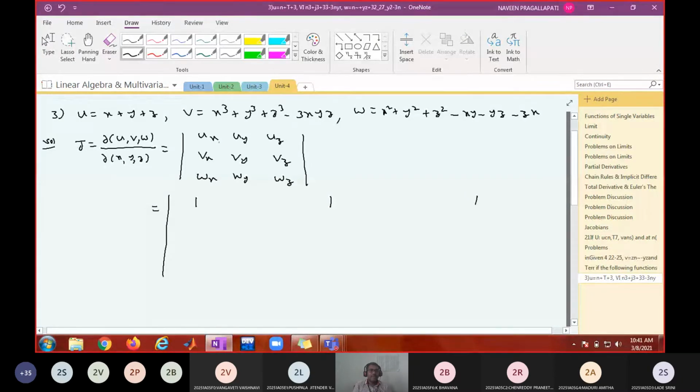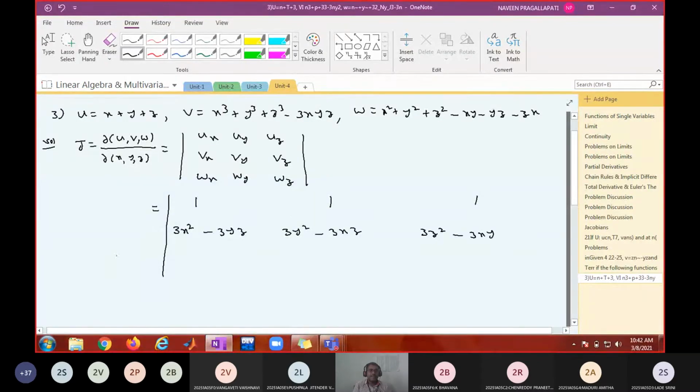Dou v by dou x is 3x square minus 3yz. Dou v by dou y is 3y square minus 3xz, and dou v by dou z is 3z square minus 3xy.